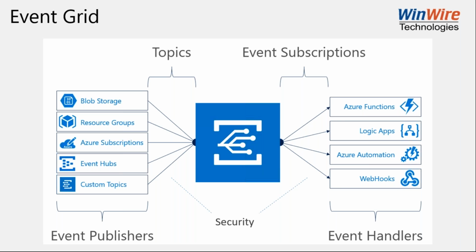But then there has to be security coming in as well, right? Anybody cannot just be publishing to the event grid. So security is there both at the topic level as well as the subscription level. Another cool thing about Event Grid is filtering of messages.